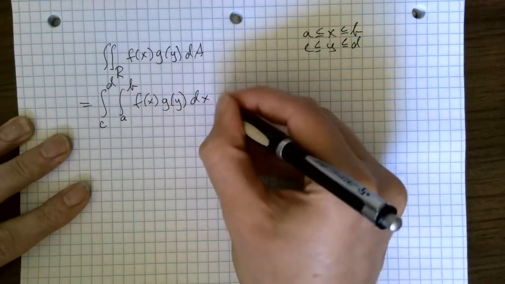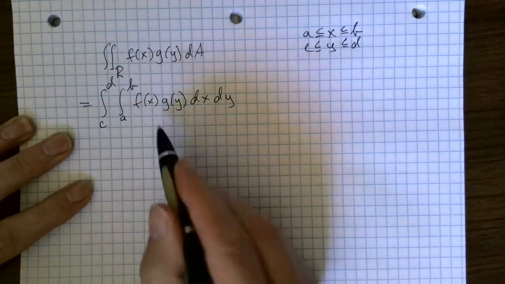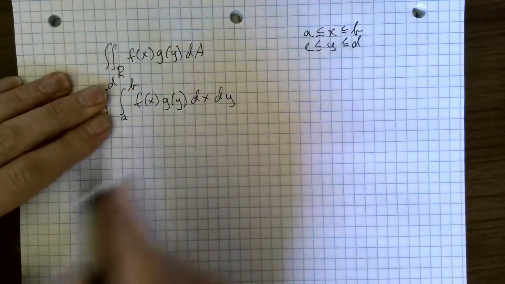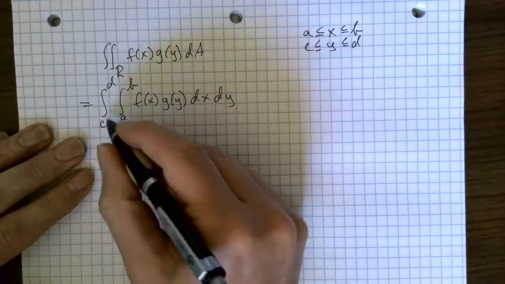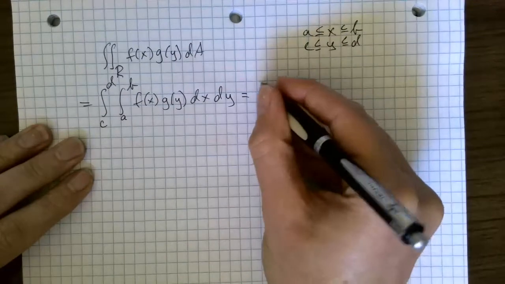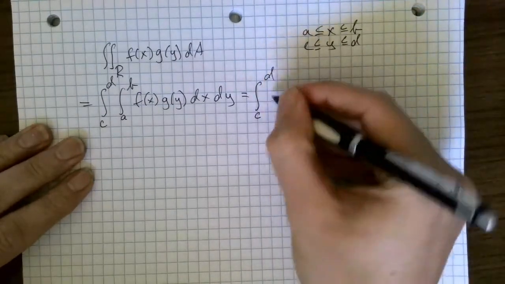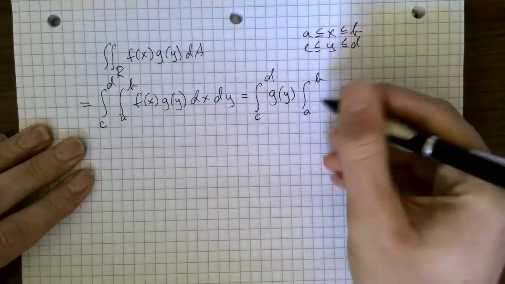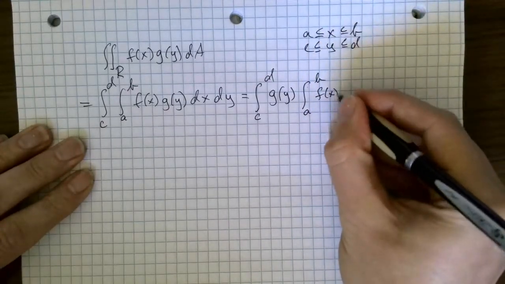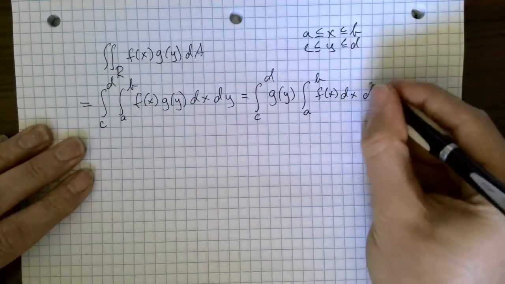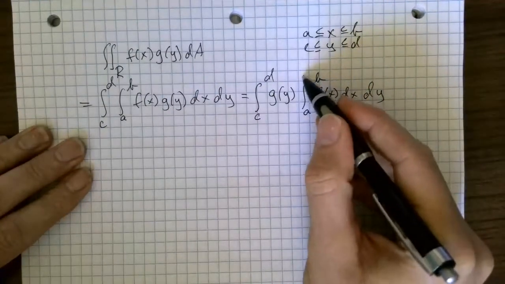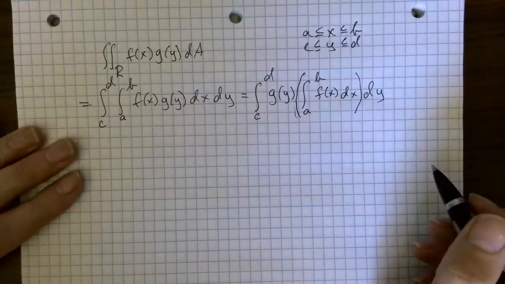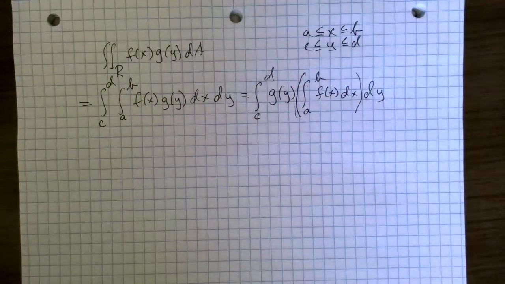So dx dy. Now, if you notice, when I'm doing the inside integral, the g of y is just a constant. So I could pull it out here. I could write the integral from c to d of g of y times the integral from a to b of f of x dx, dy. Well, now this thing over here is just a constant, as far as y is concerned.